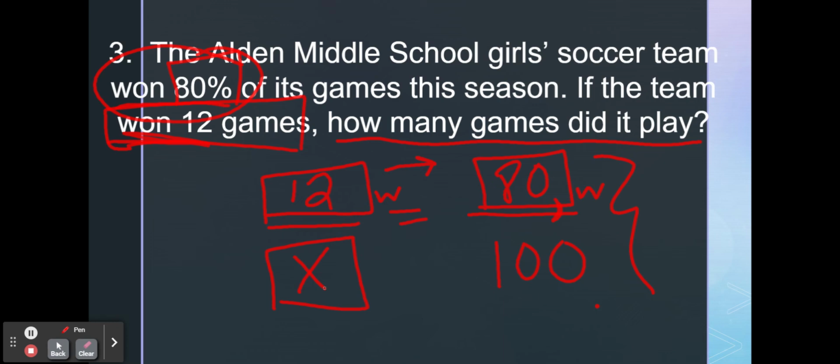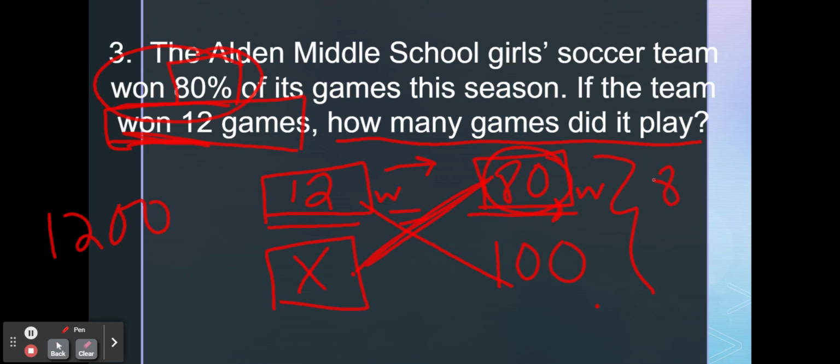When I cross multiply 12 times 100, that answer is 1200. Whatever this is when I multiply, it also has to equal 1200 to be equivalent. So that means 80 times some number is also going to equal 1200. So in order to figure that out, I'm going to have to divide.